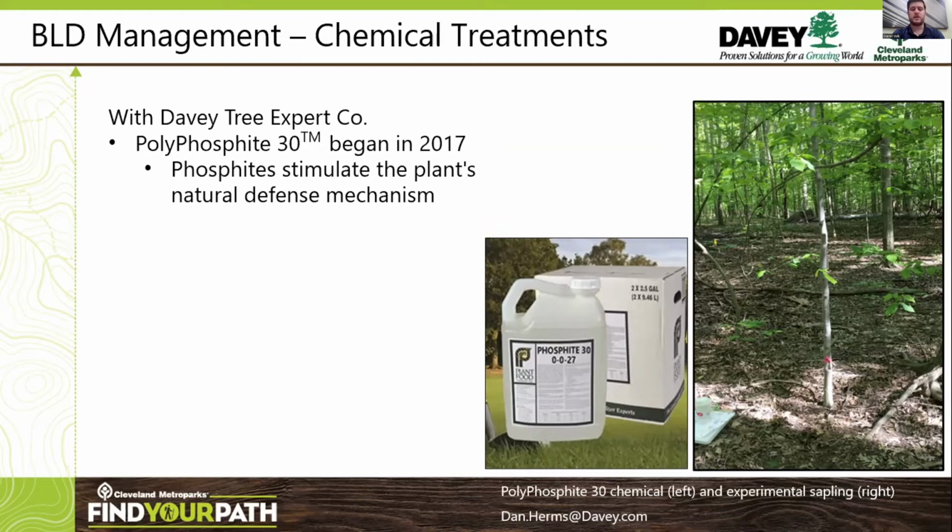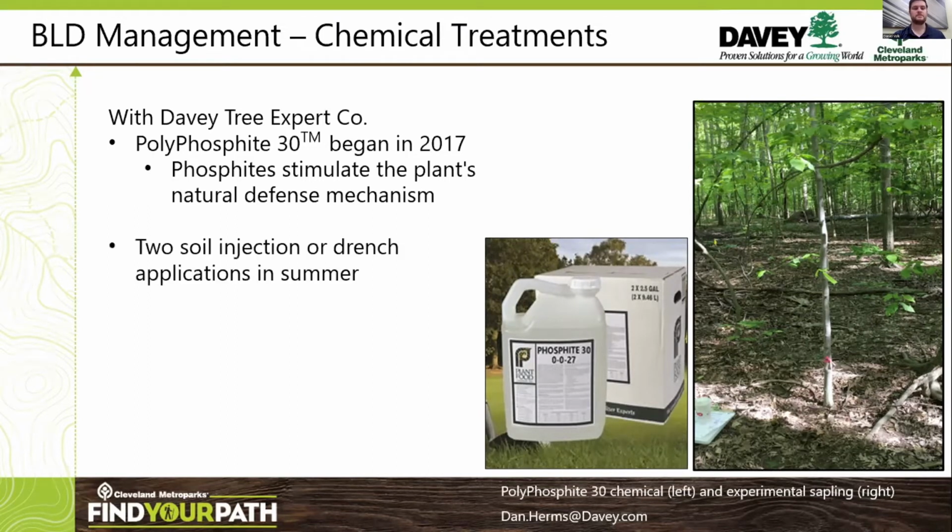It's used primarily as a turfgrass fertilizer, but doesn't seem to have the same impact on the tree as far as results go, or the mechanism behind those results. So it seems to stimulate the plant's natural defense mechanisms. And that's about as detailed as we can get.